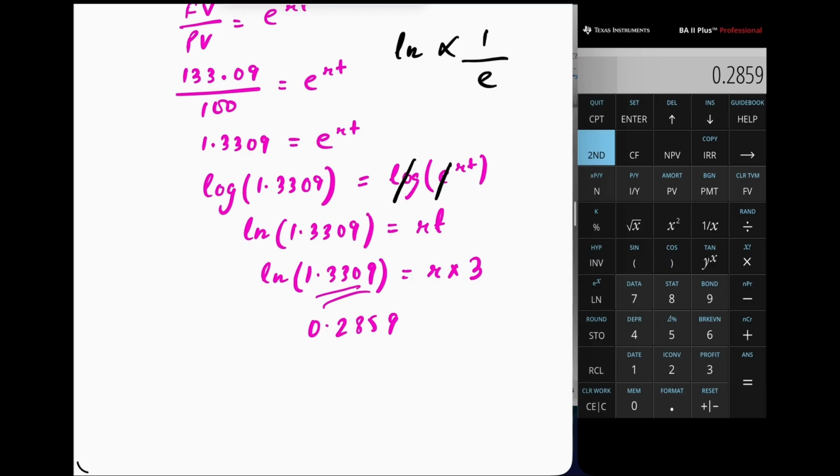So if I bring this 3 that side, it will come to the denominator. RT divided by 3 is equal to R. So I just have to divide 0.2859 by 3. So you get the value of R, which is 0.0953 is equal to R. If I write in terms of percentage, it is 9.53 percent.